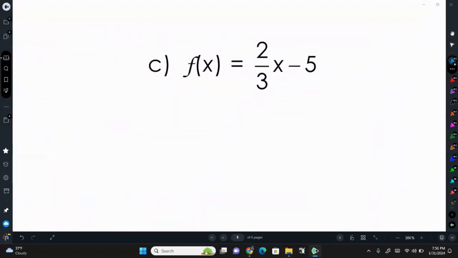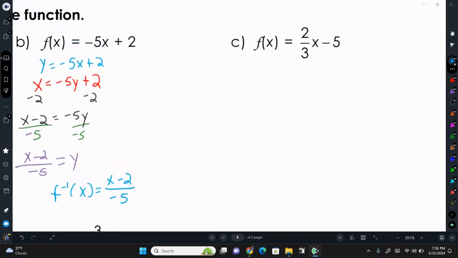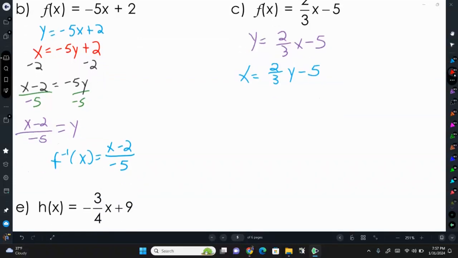Letter C, we have a fraction to deal with. So y equals 2/3 x minus 5. So we're going to switch x and y. Then we need to get y by itself, so we'll add 5 to both sides. So x plus 5 equals 2/3 y.